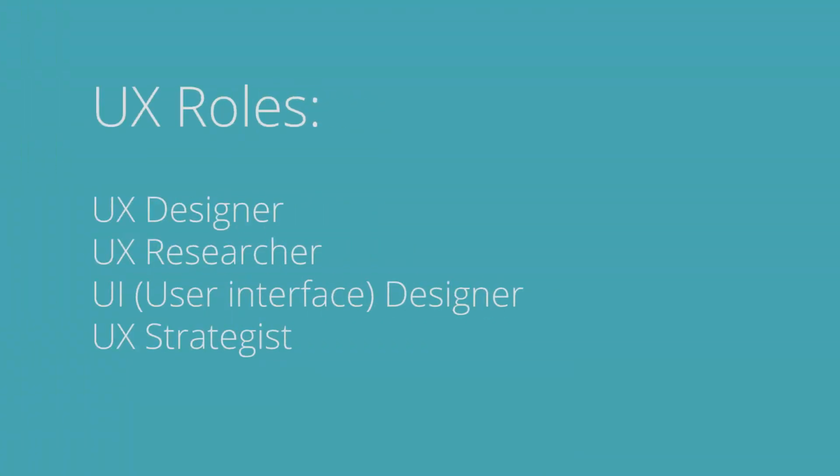So if you, for instance, are looking for a job as a UI designer, or if you are writing a job description because you want to hire someone, you may want to really be specific, especially about that one, as you are likely to get different people applying depending on what they think a UI designer is or does. Now, another term that you might hear is UX strategist, and that is also, like UI designer, something I've seen defined a number of different ways.